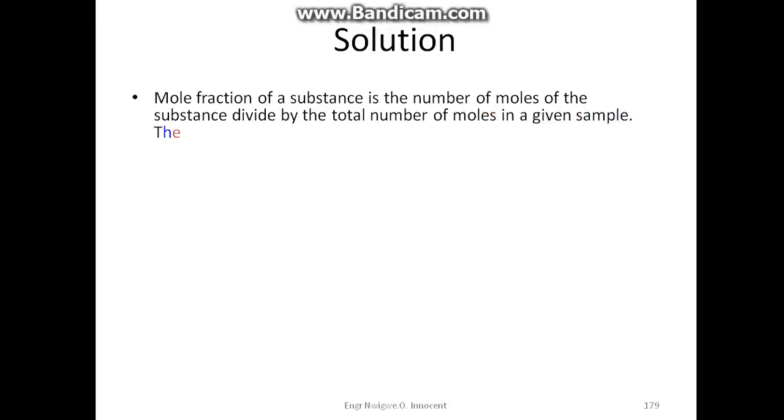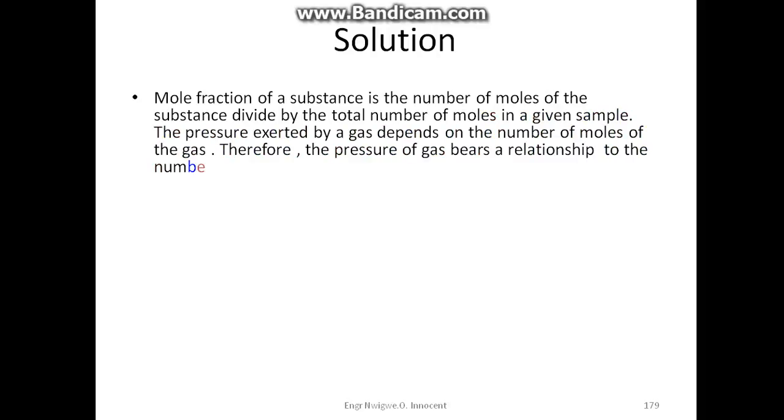Solution. Mole fraction of a substance is the number of moles of the substance divided by the total number of moles in a given sample. The pressure exerted by a gas depends on the number of moles of the gas.